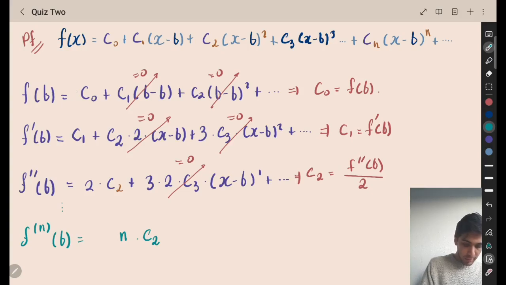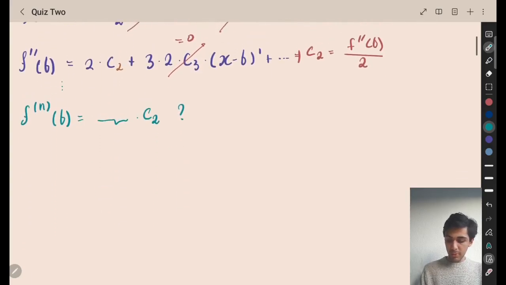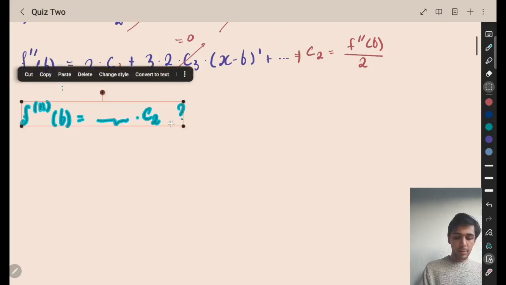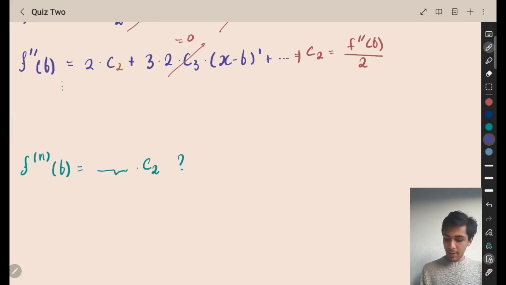So we have to figure out what's going on, and maybe what will help us find out is if we look at one more example. I hope you've already seen the pattern, but if you haven't, that's fine. I'll do one more for you. So the third derivative of f of x at b is going to be the following.